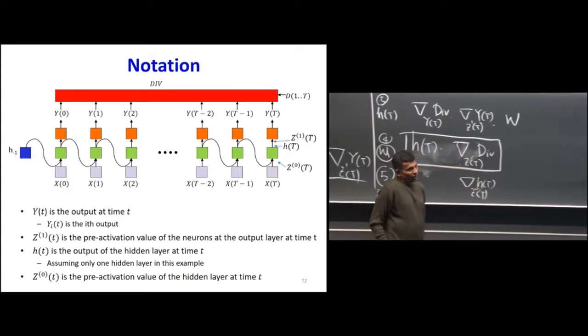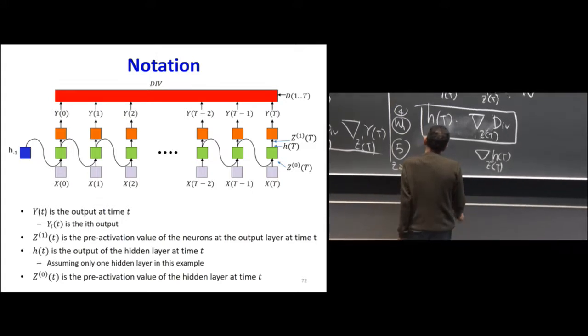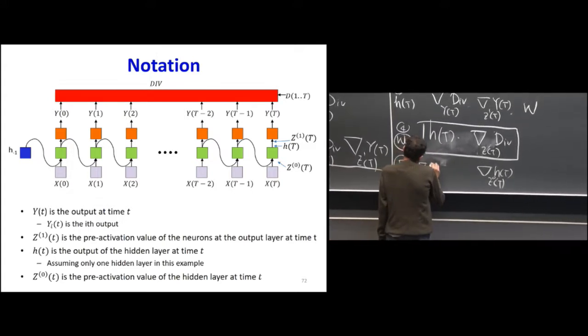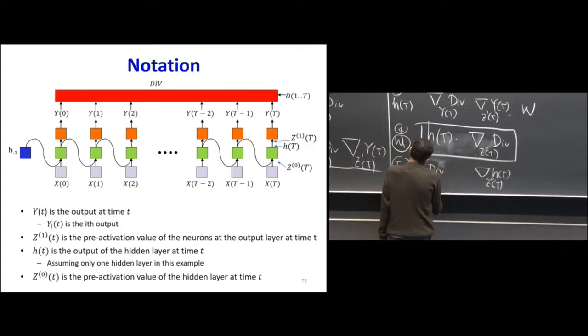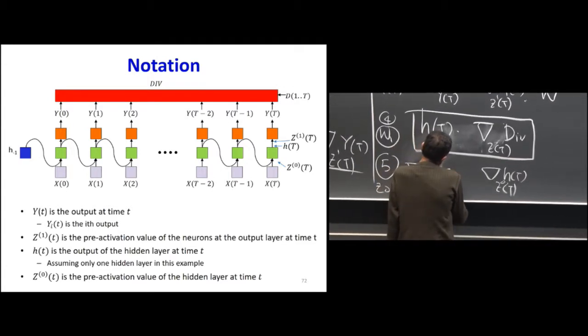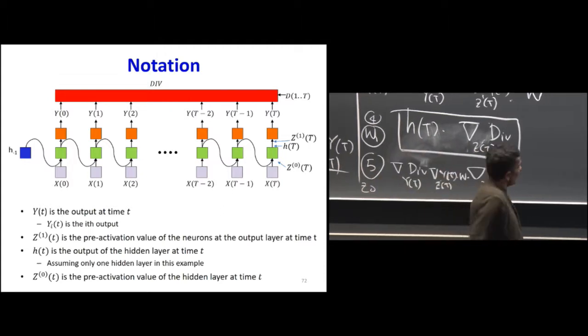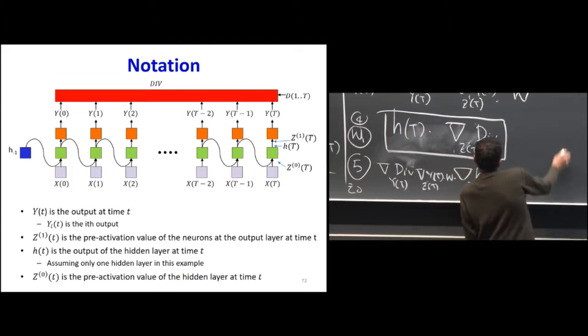What does that multiply? Post multiply number 3, right? So derivative of divergence with respect to yt. I'm just writing the chain down. Yt with respect to z1 of t, and there's a w, right? Okay, so now what is the next step?